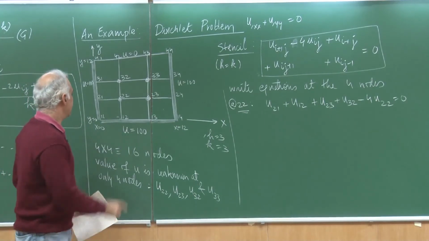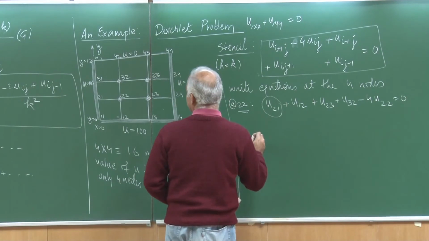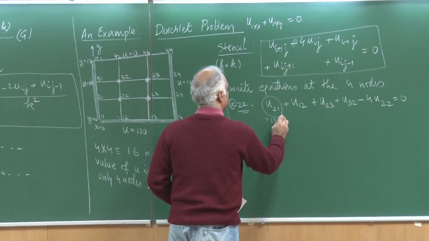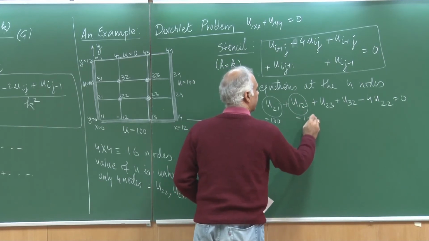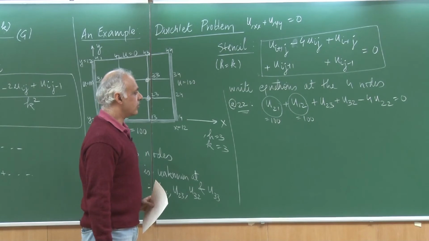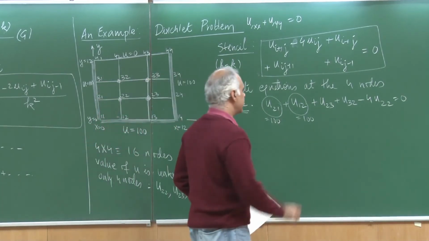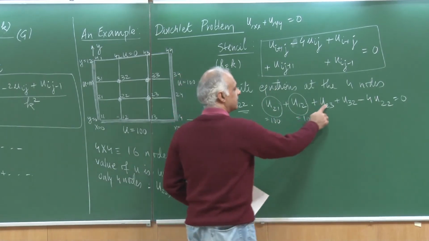But as I said, u21 is equal to 100. Similarly, u12 is 100, and the others I do not know. So, these known values I would transfer to the right hand side and only leave these 3 unknowns over here.